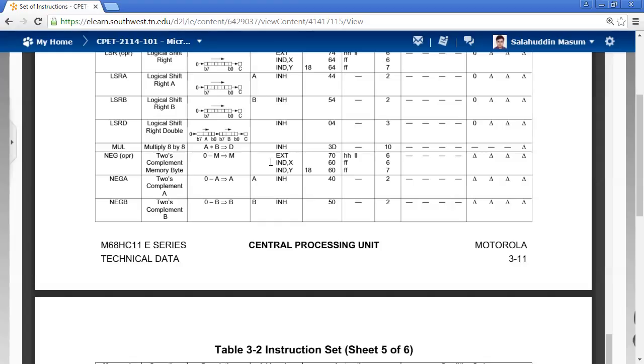Even if logically it should be direct, if you don't see direct there, that means it's extended. That's the only exception. If there is no direct mode for that instruction, it will be extended. So I just want to make sure that you know there is an exception. I'll give you this hard copy within a minute. So let's go back.